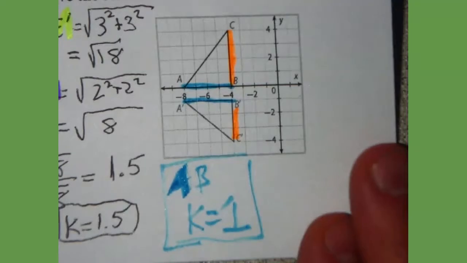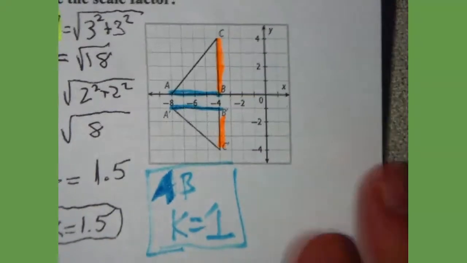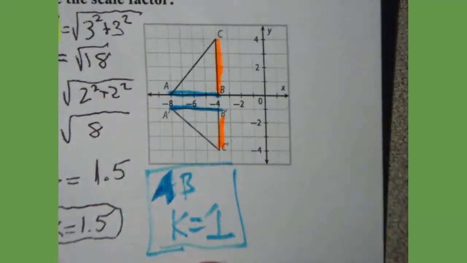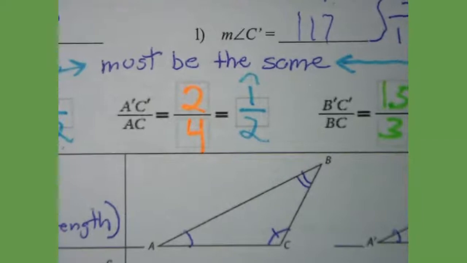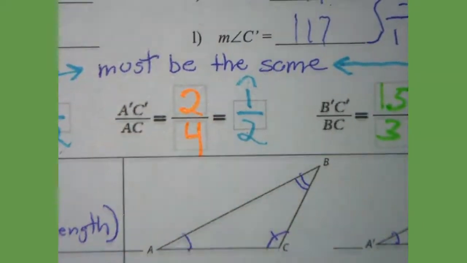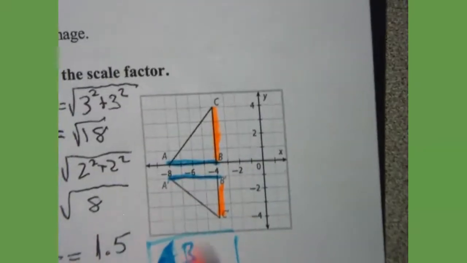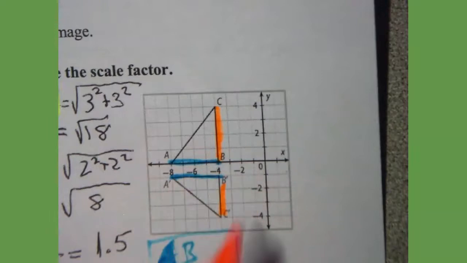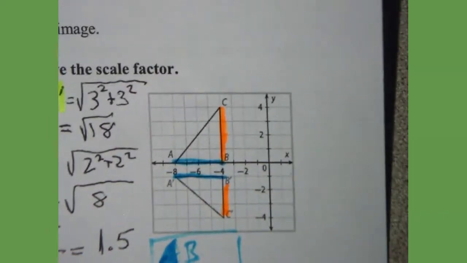It's not really important what the scale factor is. Is it the same as 1? No. So going back up here, these scale factors must be the same. So just by appearance real fast, we can tell the blue here and the orange here won't have the same scale factor. This is not a dilation.